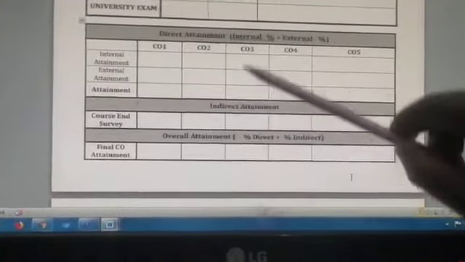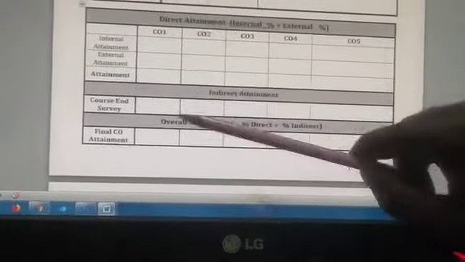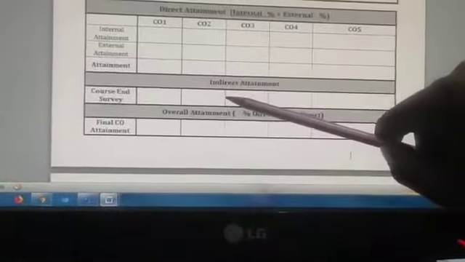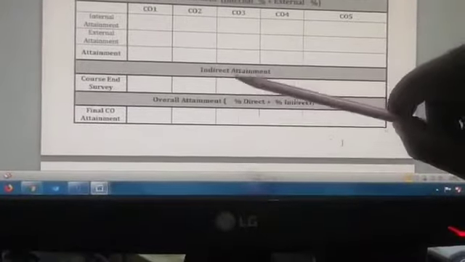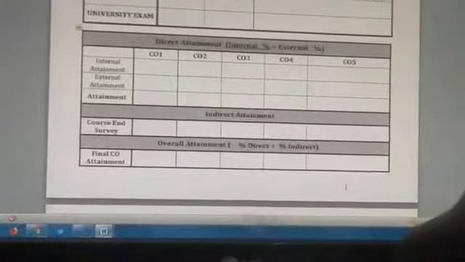So this is the direct attainment, and each CO should also be attained indirectly through a questionnaire. We have sent the questionnaire in the name of the course exit survey to all the students in a class.